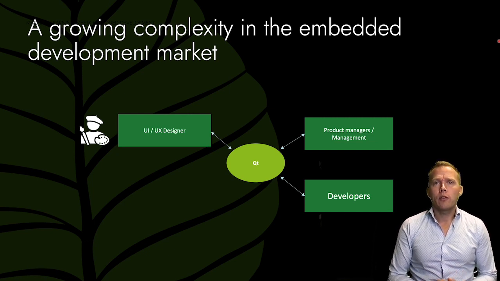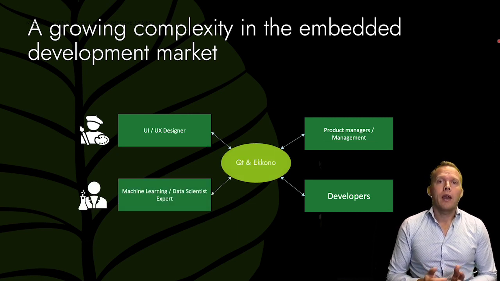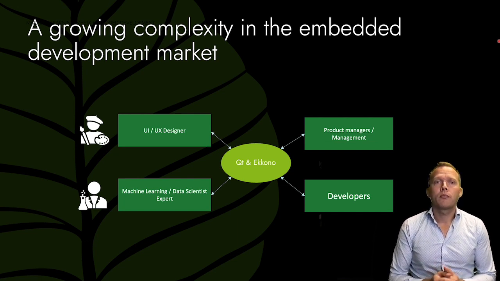However, no one has been able to miss the rise of AI and machine learning, which inevitably is affecting the development process by including yet another expert, the data scientist, into the team. It is here that Ekkono and the Qt company have started a collaboration to bridge the gap between the data scientist and the machine learning solution and the embedded application and the embedded stakeholders.